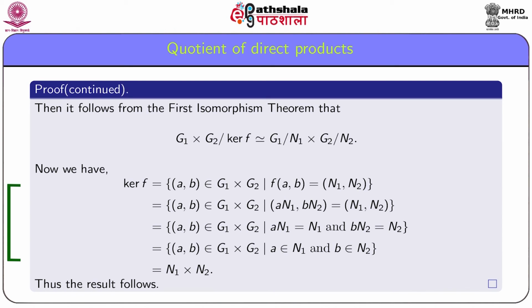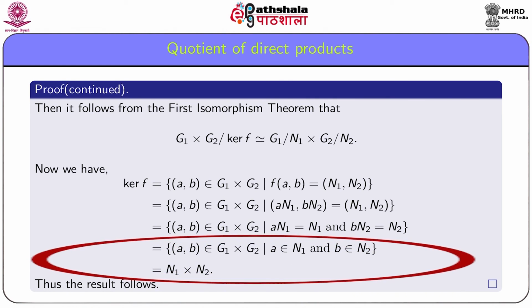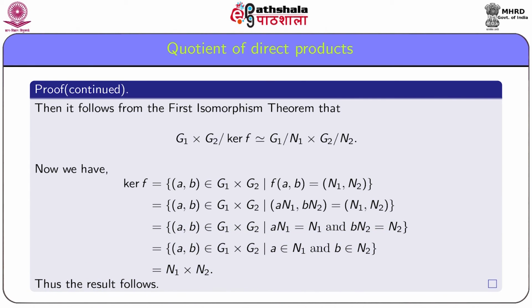Since every kernel of some homomorphism is a normal subgroup, it follows that N1 cross N2 is also a normal subgroup of G1 cross G2, and we have G1 cross G2 by N1 cross N2 is isomorphic to G1/N1 cross G2/N2.